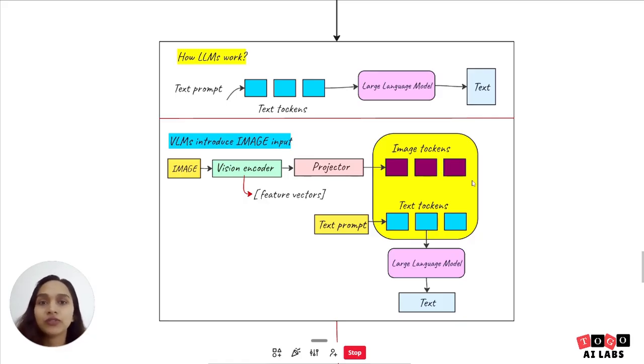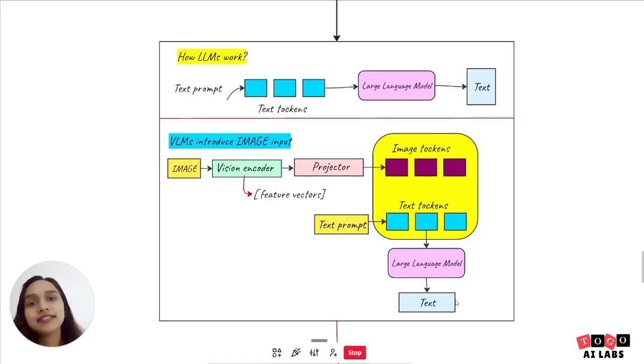These are now fed into the large language model, which processes them together using attention mechanisms, analyzing how different tokens relate to one another regardless of whether they originate from the text or from the image, in the same embedding space.